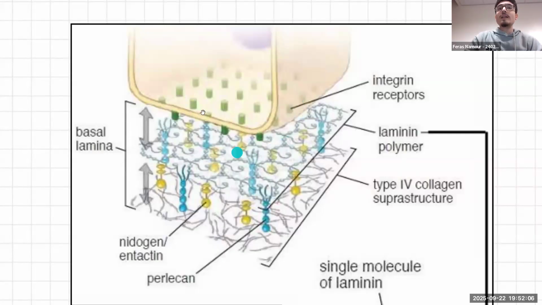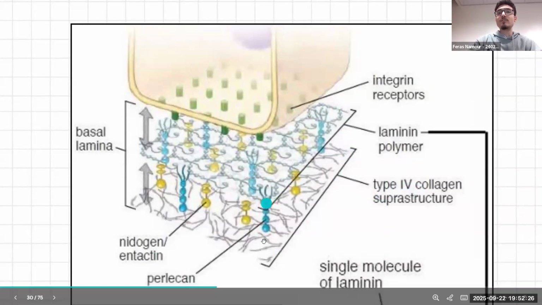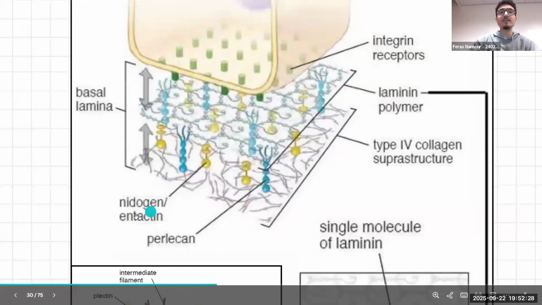Now, this protein will interact with the layer of laminin in my basal lamina, and then it's going to cross-link integrin to laminin. So, epithelium to basal lamina, good. Now, basal lamina to basal lamina, how do we do that? We have a layer of laminin and another layer of type 4 collagen, and we cross-link it through perlecan and nidogen.